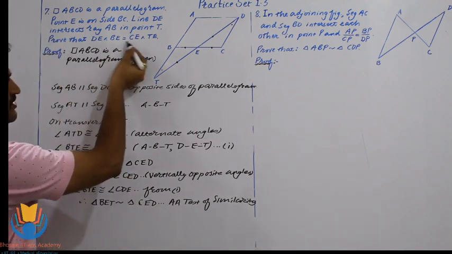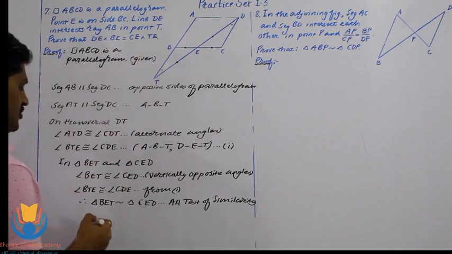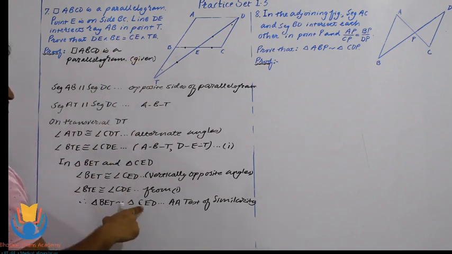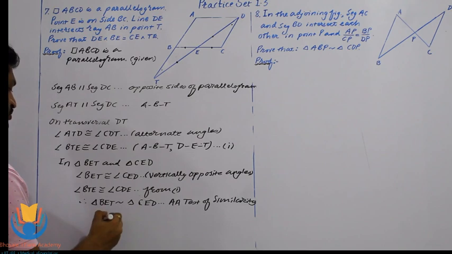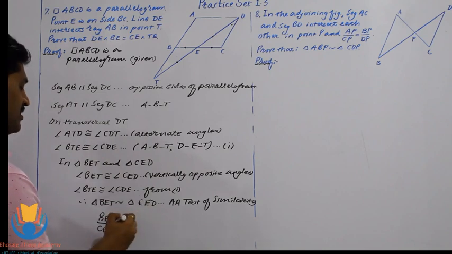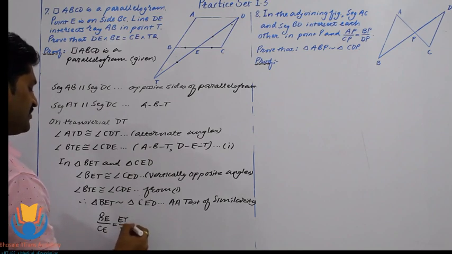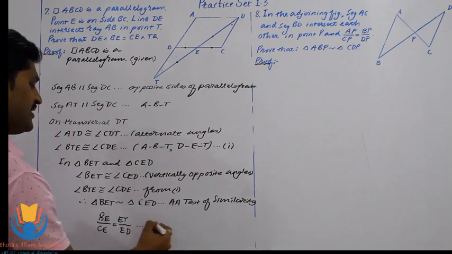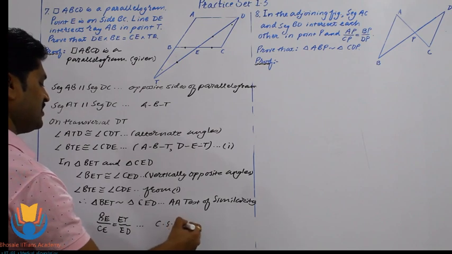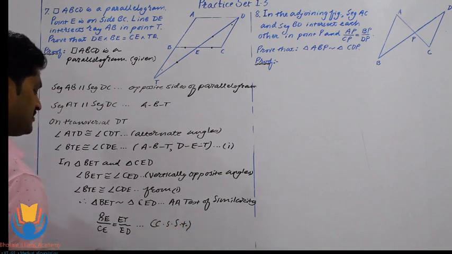So look at this to prove part. We have to take the ratio of this BE with this CE. So BE upon CE is equal to, so ET and ED are required, so we will take that also, ET upon ED. So let's do the cross multiplication. Here we will write the reason, corresponding sides of similar triangles.